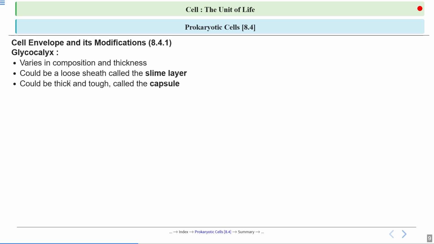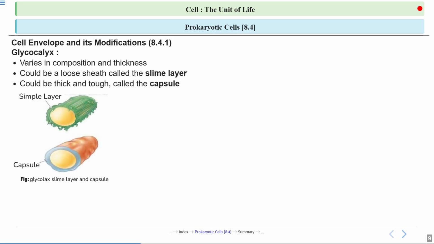When the glycocalyx becomes thick and tough it is called a capsule, and this protects the cell from a harsh environment. Glycocalyx also helps in the adhesion of the prokaryotic cell to the host cell. Here you can see an image showing you glycocalyx, slime layer, and capsule. This is the slime layer, which is in the form of a loose sheath, and then you can see this is the capsule, when the glycocalyx is very thick and tough.